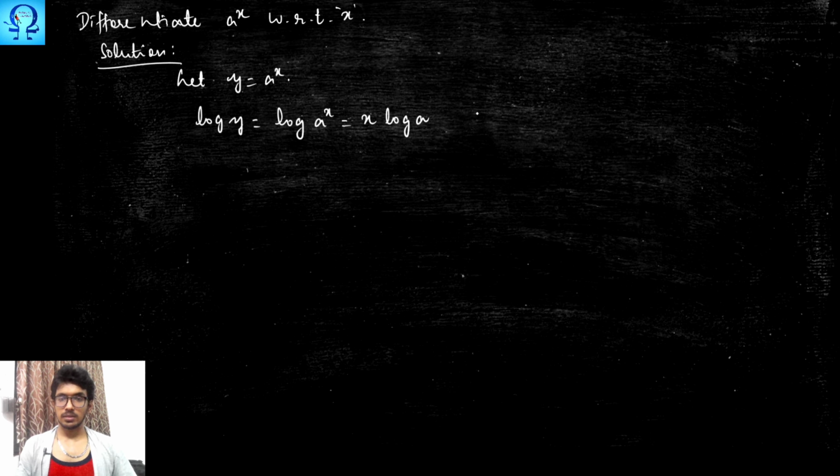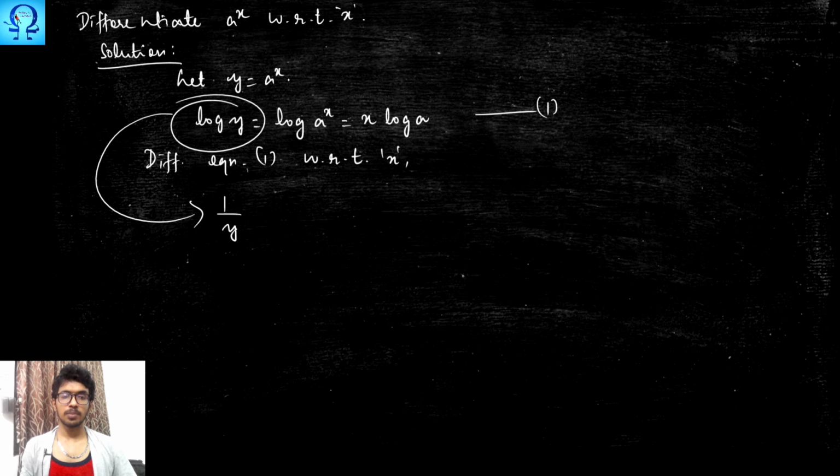Now let us mark this as equation 1 and let us differentiate equation 1 with respect to x. So what would we get? Here we will have to make use of chain rule. Therefore 1 upon y, then dy upon dx, right? And this happens to be x log a, where log a is a constant.